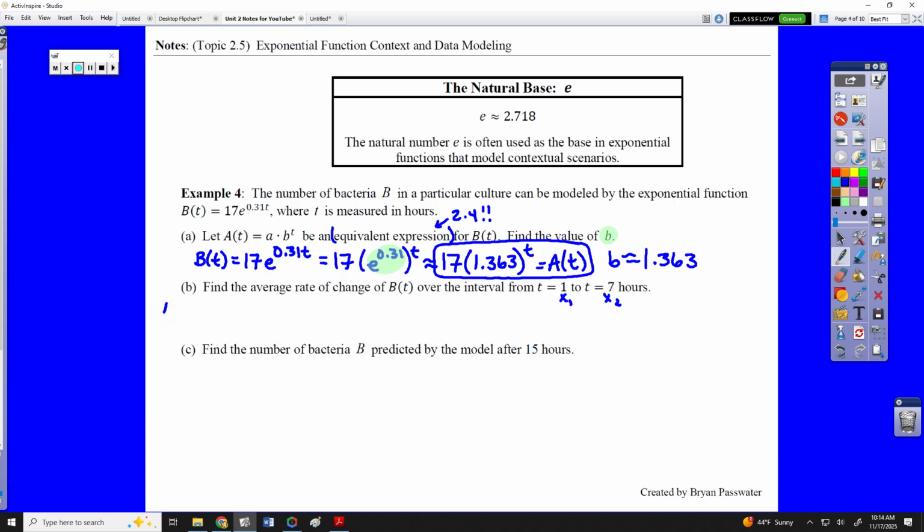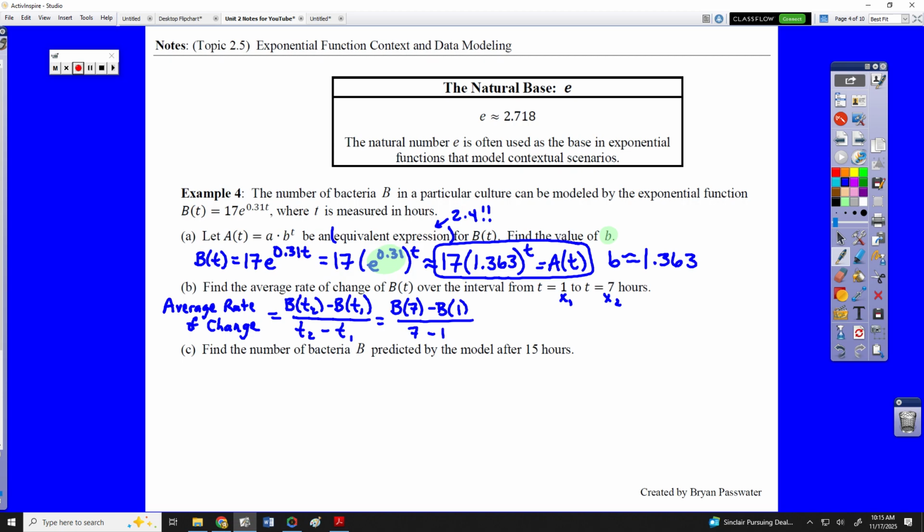And your average rate of change, which we're not really supposed to abbreviate, but if you use AROC, that's fine, would be B of t2 minus B of t1 over t2 minus t1, which would be B of 7 minus B of 1 over 7 minus 1.